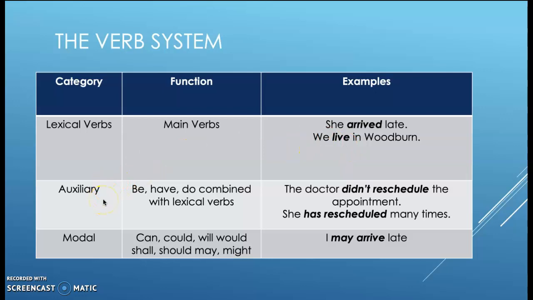Auxiliary verbs are those that have to do with be or have. For example, the doctor didn't reschedule the appointment. She has rescheduled many times. These are examples of auxiliary verbs. The last is a modal verb, those words that are paired with other verbs to show the level of intensity.